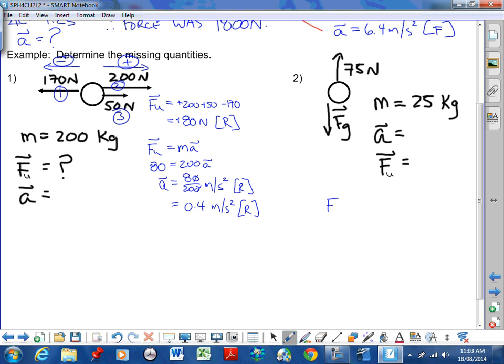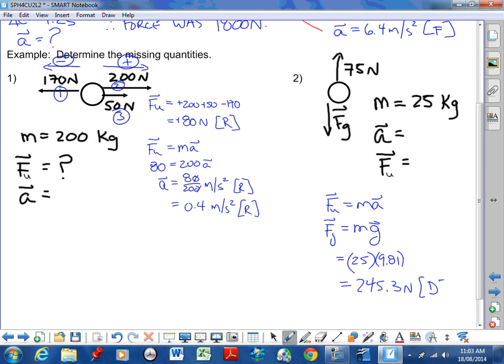All right, so unbalanced force is equal to ma. Now in the situation with gravity, it's mass times the gravity here on Earth. So that means that Fg is going to be 25 kilograms times 9.81. 25 times 9.81 gives us 245.3 newtons.